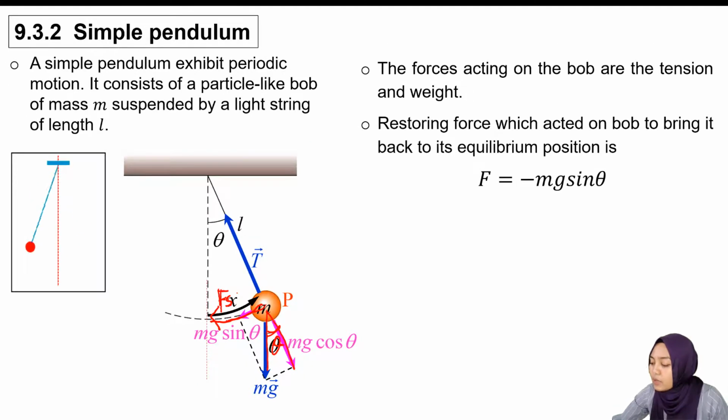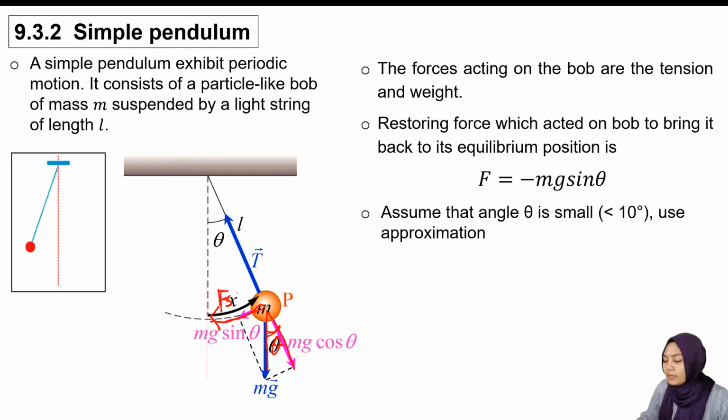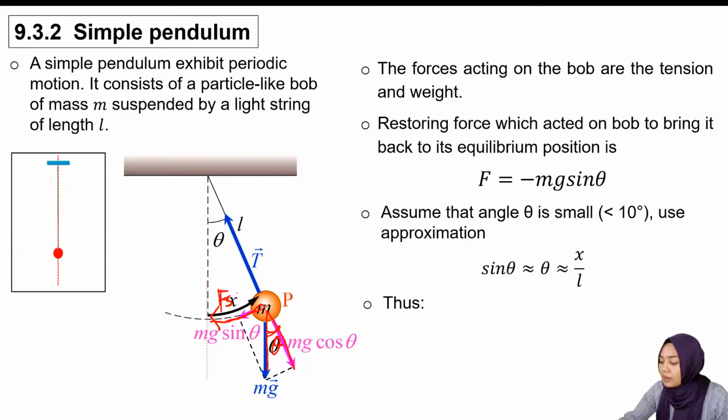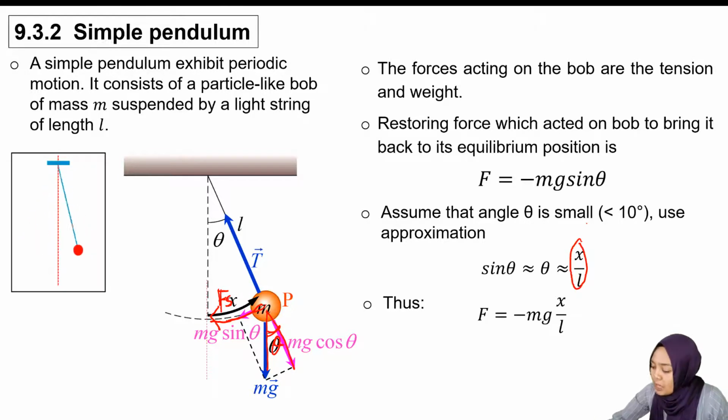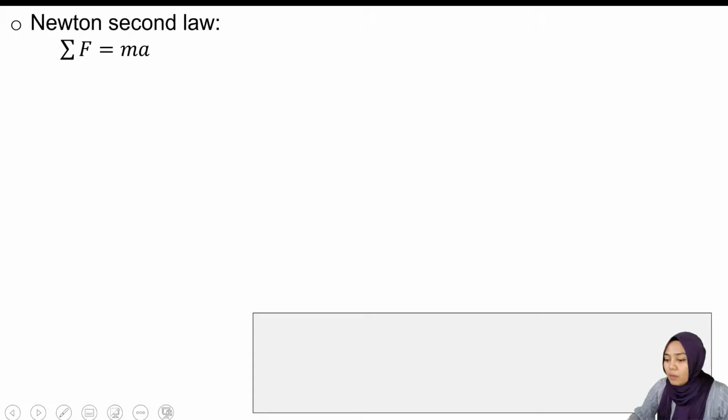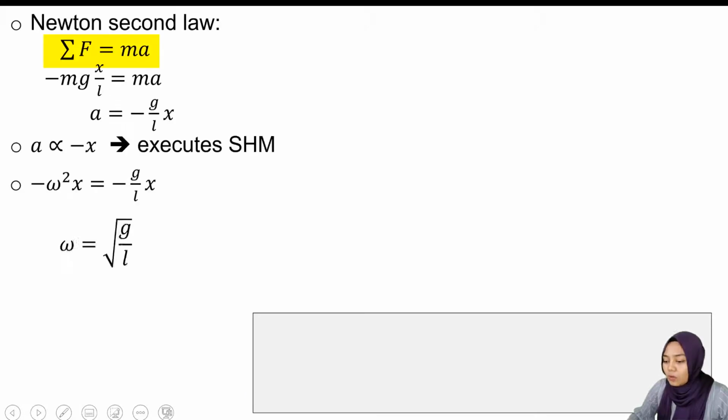So Fs equals negative mg sin theta, and when we assume that the angle is small, sin theta equals x over L. Thus, we substitute sin theta as x over L, and then we put in Newton's second law of motion.